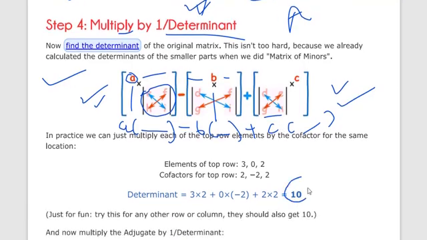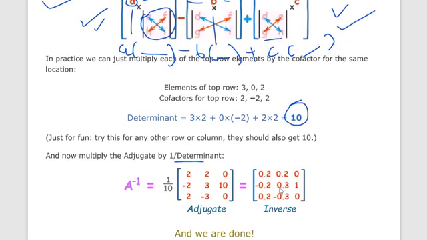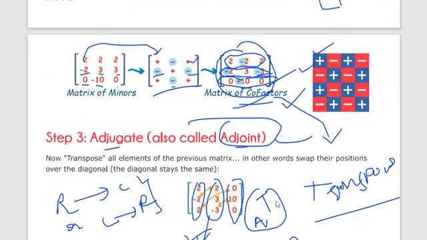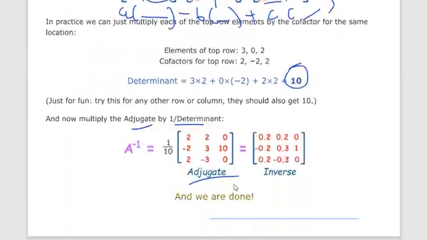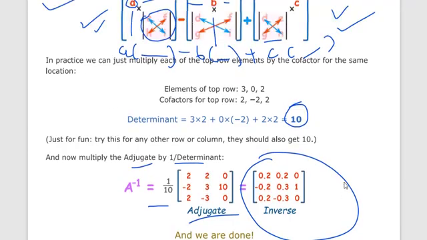So here we get the determinant as 10. So what we'll do is multiply 1 by the determinant with the adjoint of the matrix. Here the adjoint is the third step answer, and we multiply it with 1 by determinant. So here it is, our inverse of the matrix.